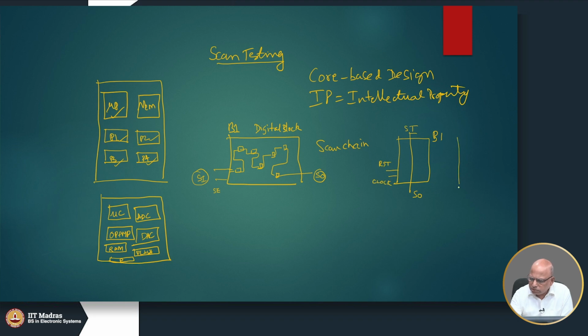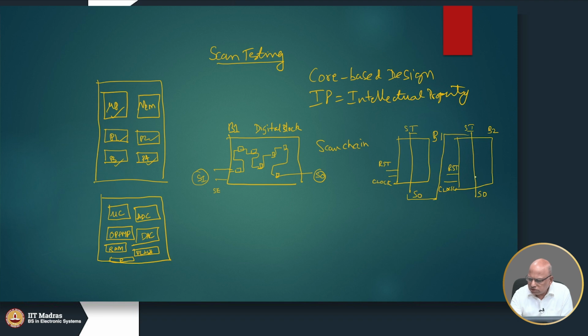So, there may be another block similar. If you have a number of these digital blocks, you may have the ability to connect the scan in of block 2 to scan out of block 1.